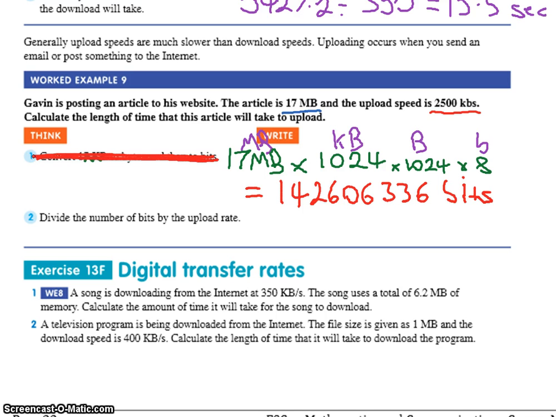Divided by what? 1024. So we take our answer and divide it by 1024, and we'll change it to kilobits, which is 139,264 kilobits.